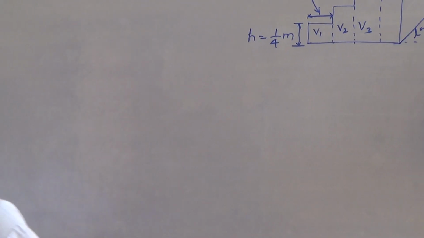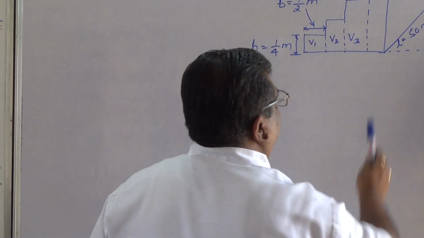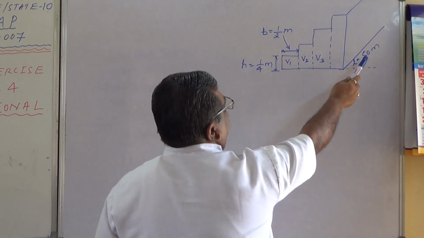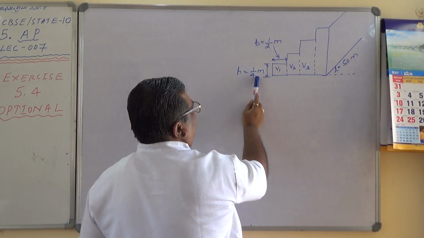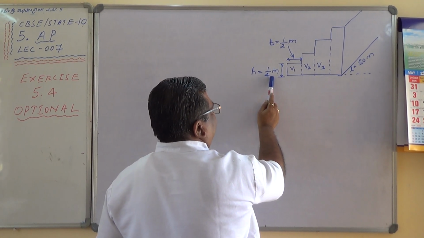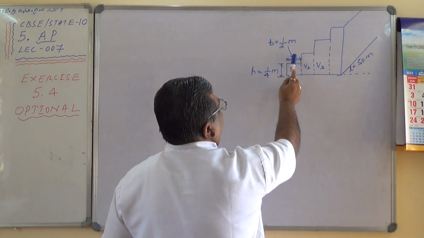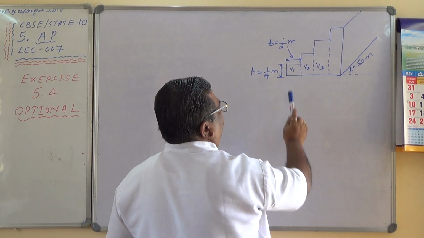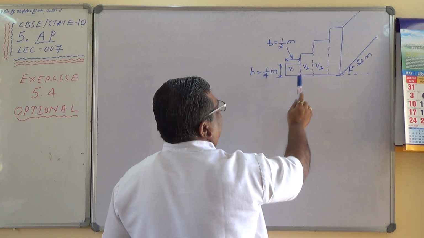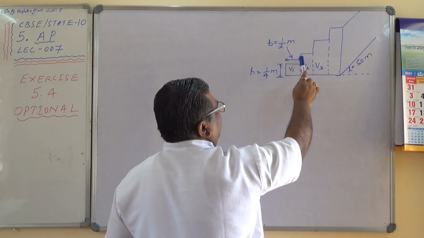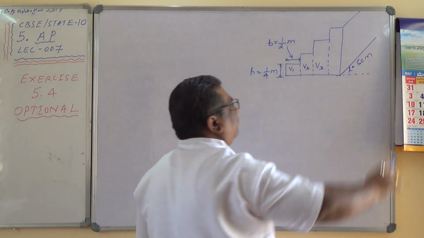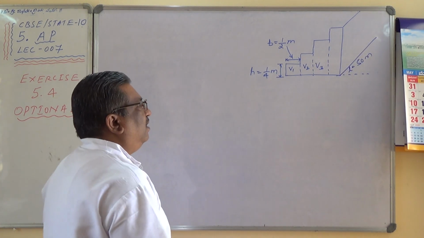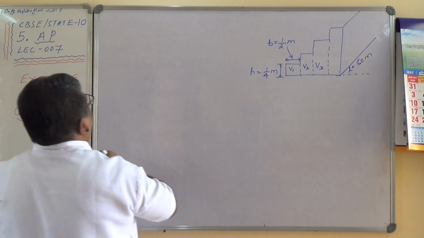Okay, here I have drawn once again this diagram. Let L be the length of each step, height be 1/4 meter, which is a rise, and a tread means the width is 1/2 meter. So volume of first step here is, see, this is how I have marked the steps here: first step, second step, third step, fourth step, up to 15 steps here. So what is the volume of the first step?